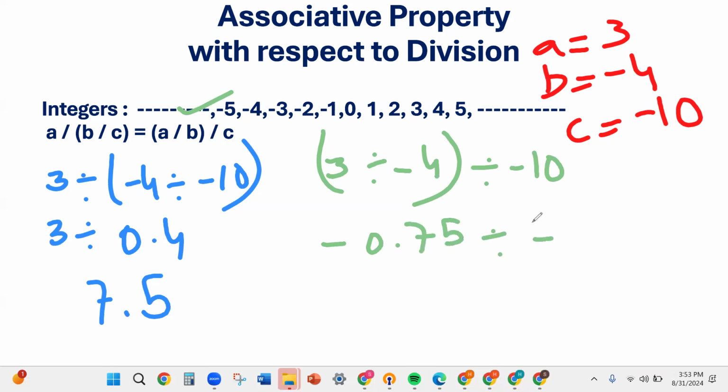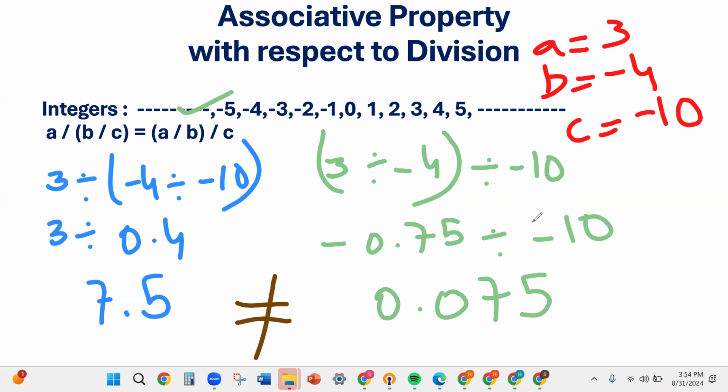Whole divided by minus 10. Minus and minus is cancelled, and 0.75 divided by 10 will give you 0.075. So the left-hand side and the right-hand side are not equal to each other.